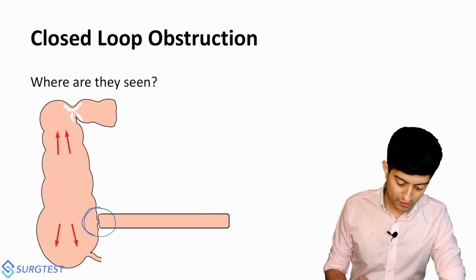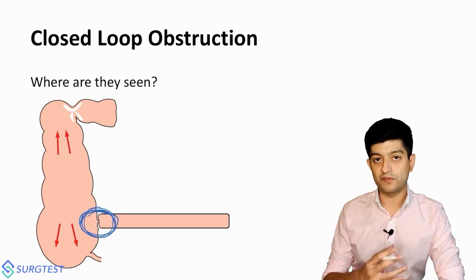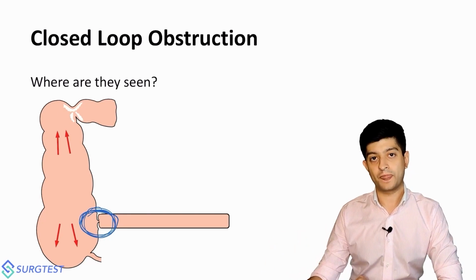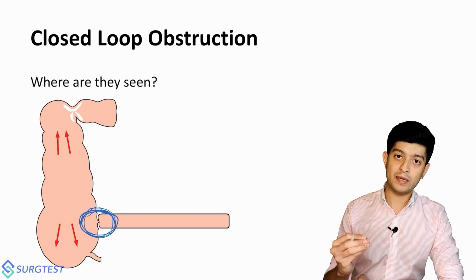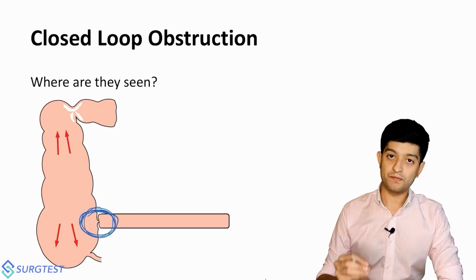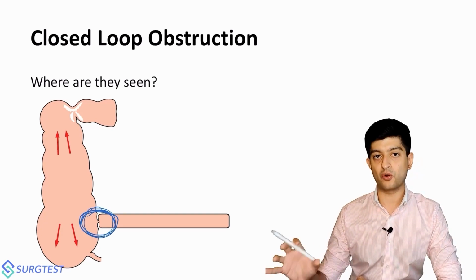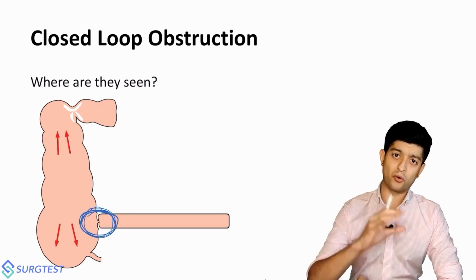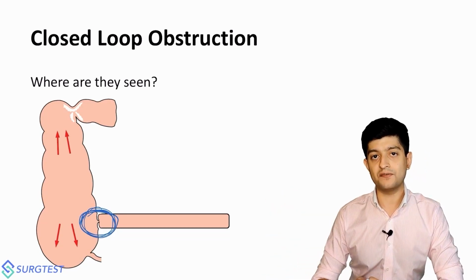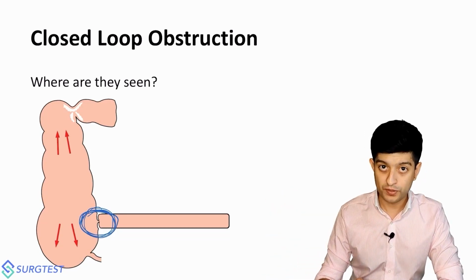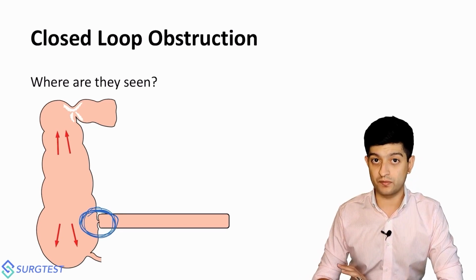The IC valve here is the main issue that does not allow decompression of the colon into the small bowel. In about a third of individuals, this IC valve is absolutely patent and unidirectional, which means when these patients have colonic obstructions, the entire colon from the point of obstruction back to the IC valve lands up functioning like a closed loop. The pressures increase significantly. This cannot decompress proximally.